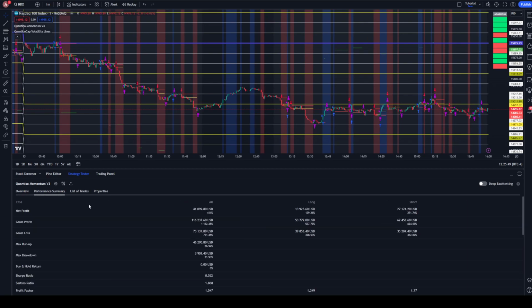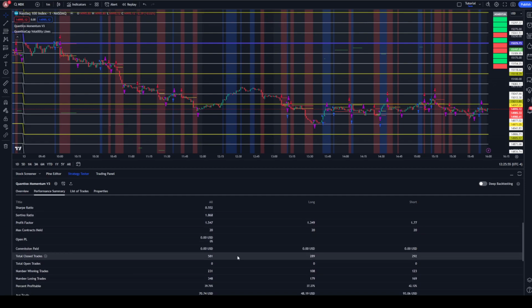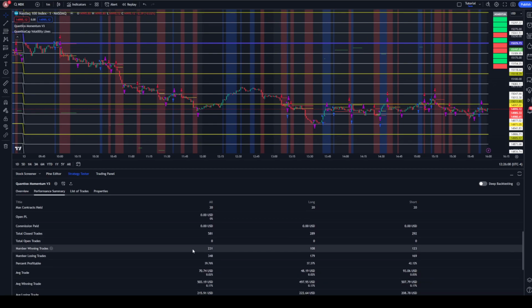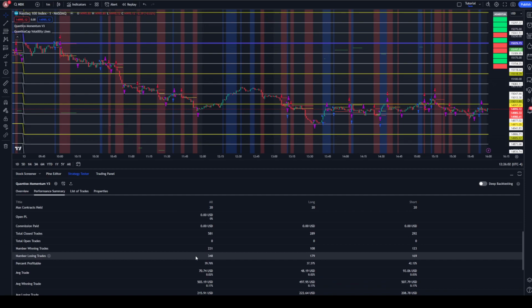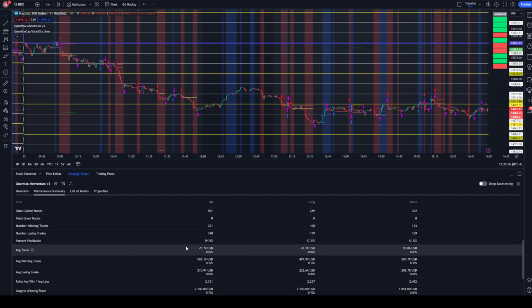Next, we have the performance summary. Here you can see everything about the performance of the strategy, including its total closed trades, which is 581, the total winning trades, and the total losing trades. You can see how much it was profitable, the percentage, and the average trade you made, around $70.